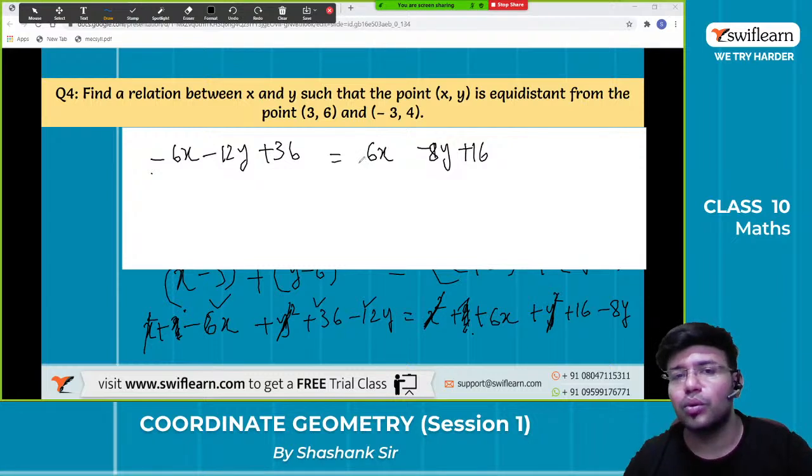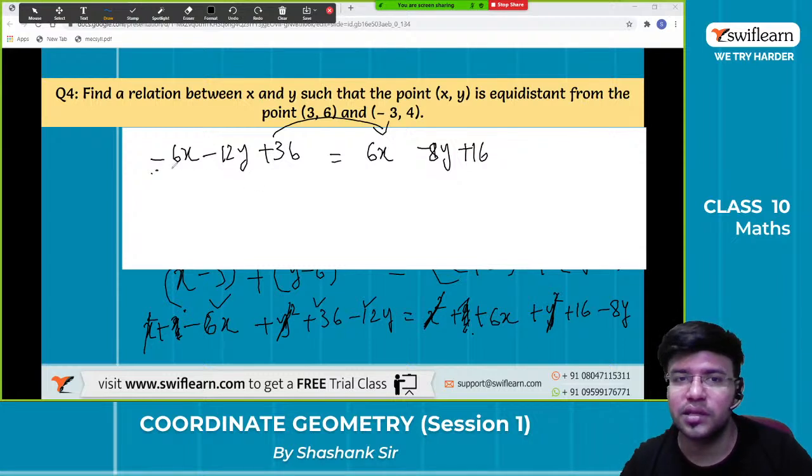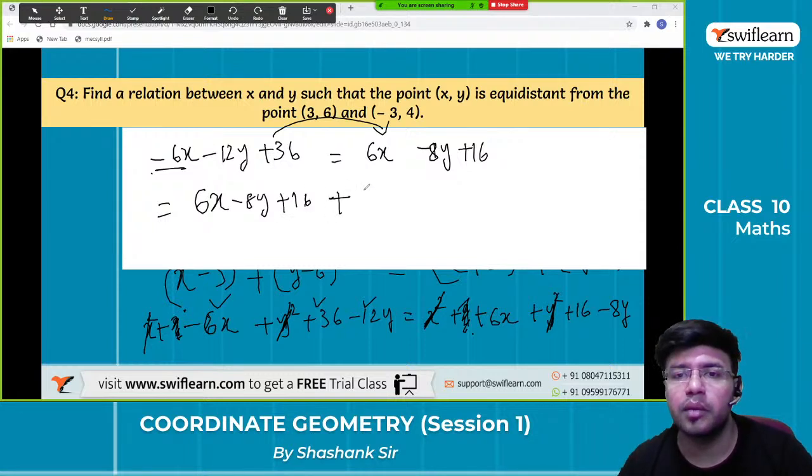So let us take everything on the right side. The minus 6x comes here and becomes plus 6x. So 6x minus 8y plus 16. Minus will become plus 6x, minus will become plus 12y, and minus 36.